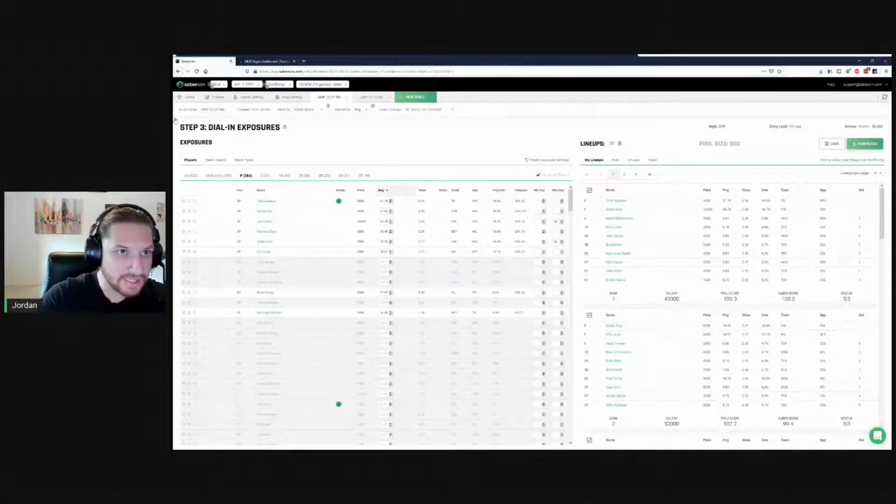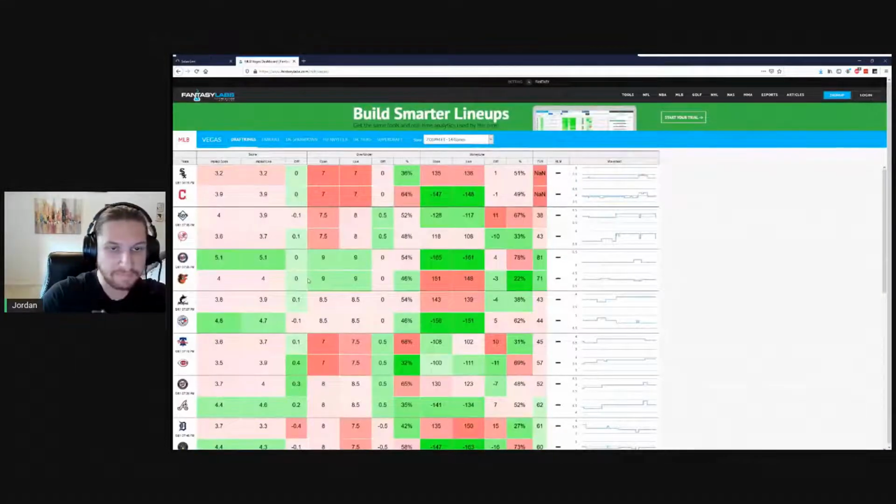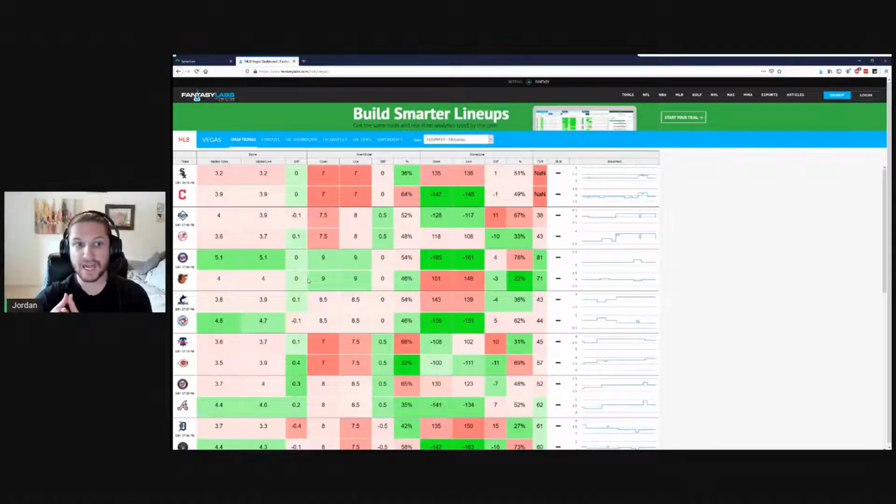Let's go back here to step one and talk a little bit more about projections and what you can do with some of these team projections, right? So on a big slate, in general, we're less interested in searching for really harsh edges, and we need to push our edges a little bit less on a large slate like this, because a lot of people are just going to make mistakes, right?